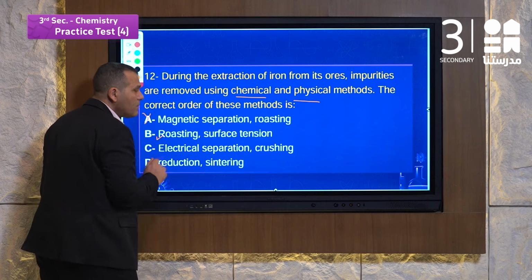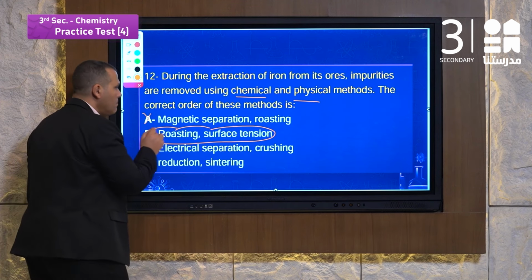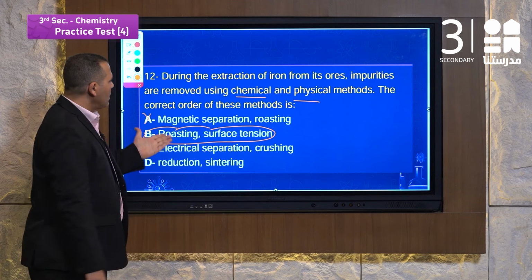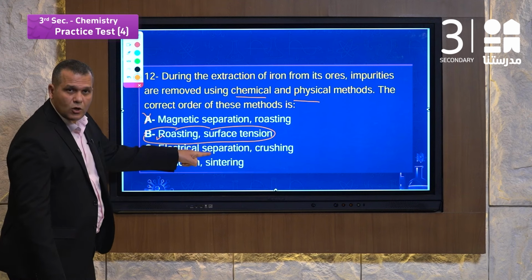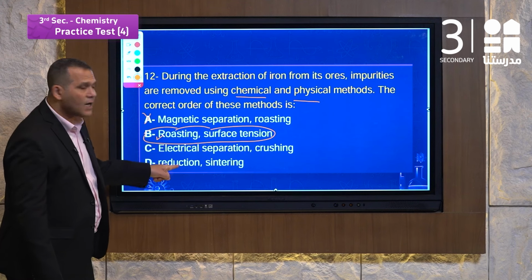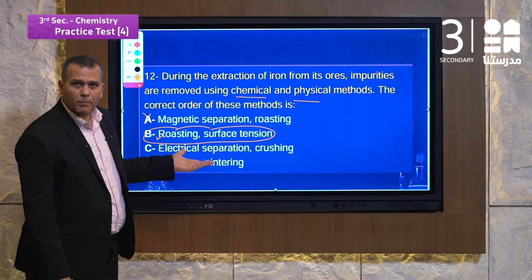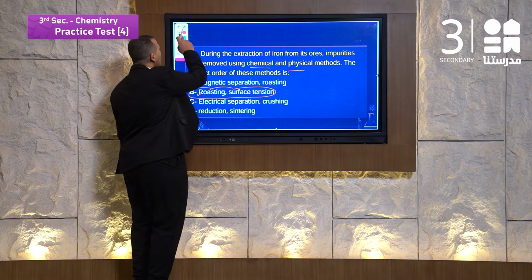Surface tension is a physical process. So the correct answer is B. He is asking about the chemical and physical processes respectively: roasting and surface tension. Electrical separation in option C is physical. Reduction is chemical, but not used to remove impurities; it is used in the reduction of iron ore.